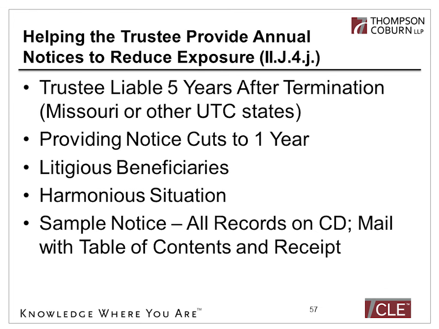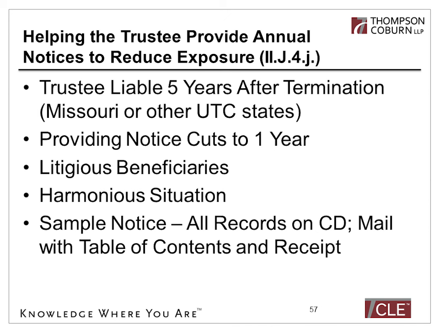Again, we just talked briefly about helping the trustee cut down their liability exposure by providing notices to the beneficiaries, and if the trustee adequately discloses the existence of a potential claim and informs the beneficiary of the time allowed to commence a proceeding, in UTC states you can cut the time from 5 years down to 1 year.